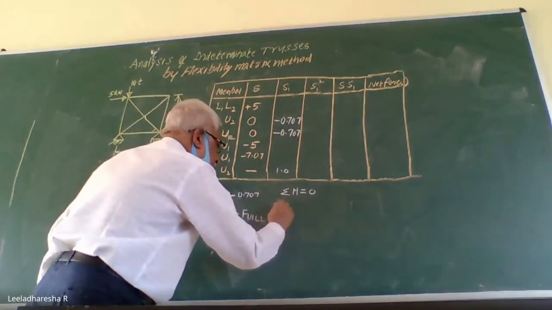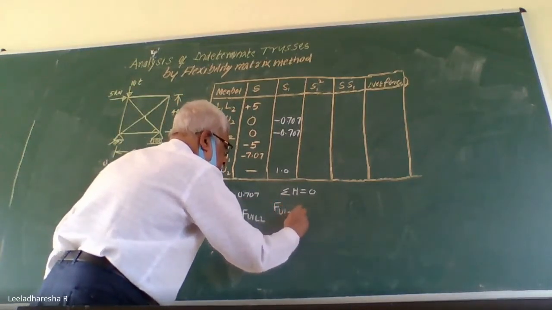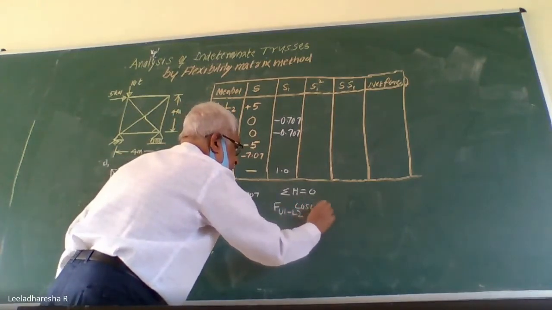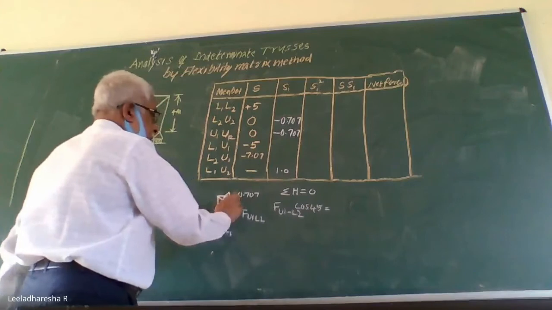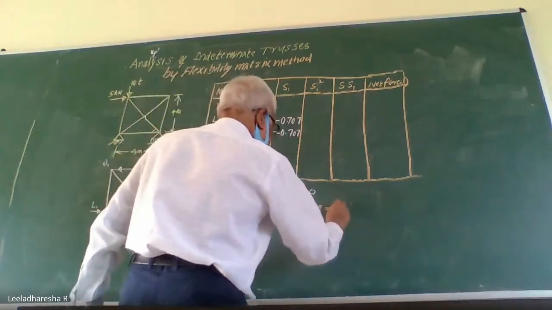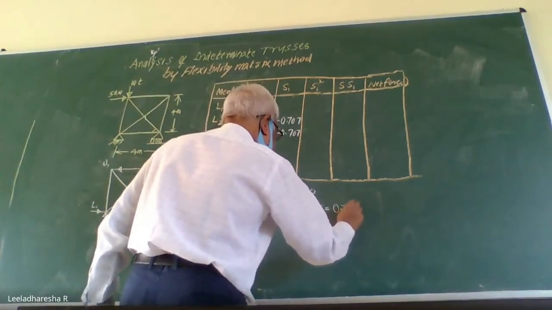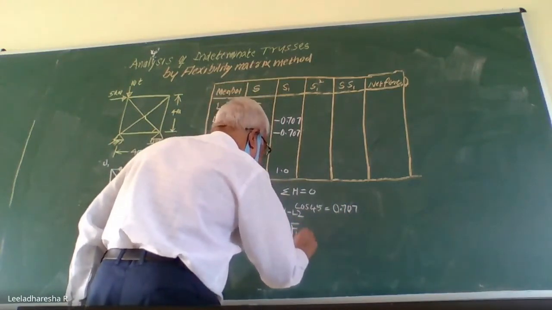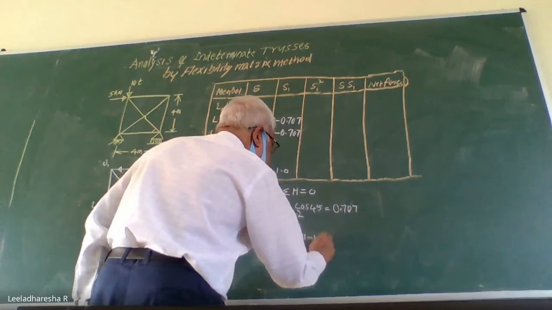F U1 L2 cos of 45 must be equal to 0.707. So find F U1 L2.